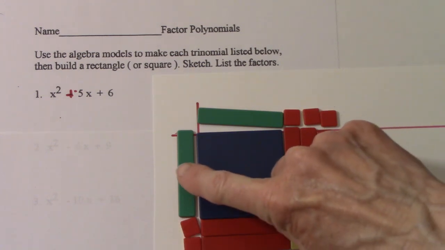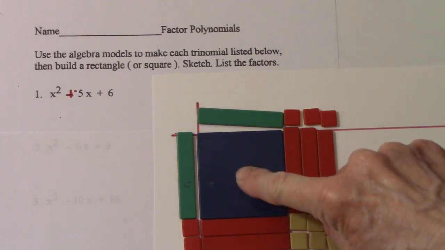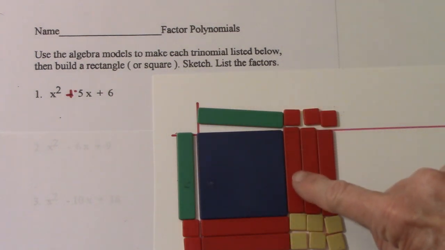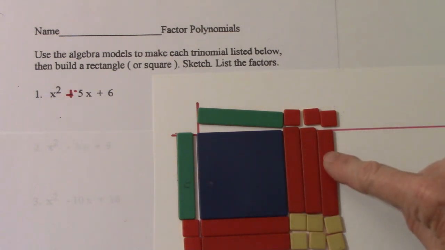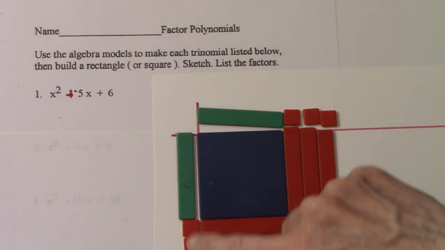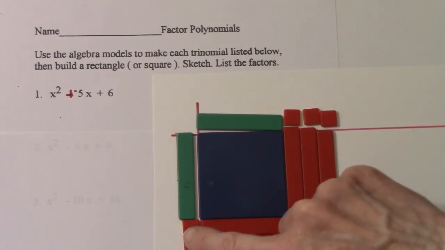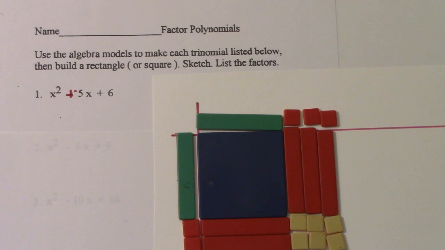Then I have my positive times a positive is positive. Positive x times negative 1 is the negative x. And that's how I got these 3 negatives. And here I have negative 2 times the x gives me negative 2. Negative 2 times negative 2 is positive 6. So that's how I got that answer.